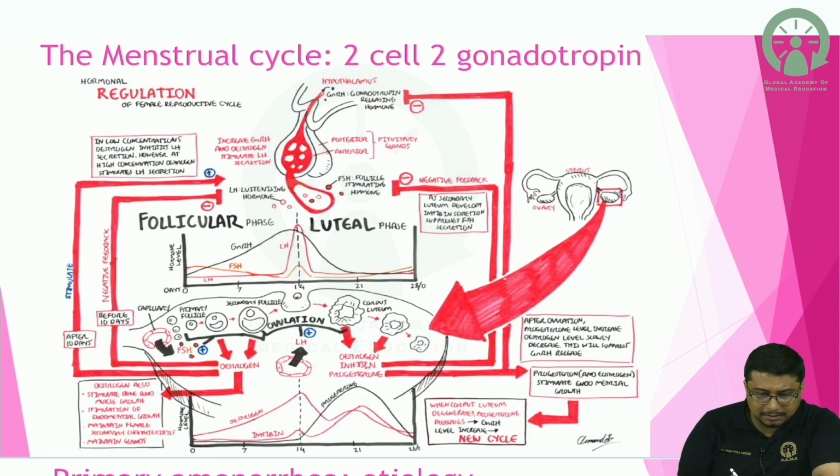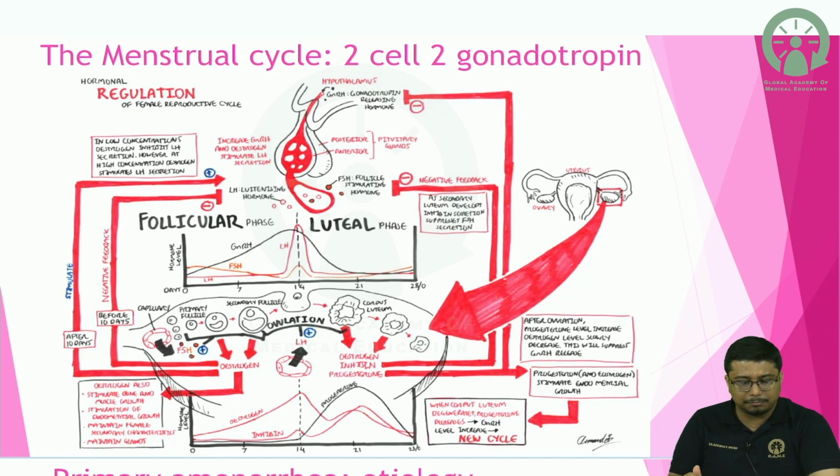Just understand one thing, that in the initial few days of the menstrual phase, when the follicles are developing, the estrogen is low, and when estrogen is low, it inhibits luteinizing hormone in the pituitary. But once the Graafian follicle, the dominant follicle, is selected, it produces a high dose of estrogen, and a high dose of estrogen has a positive feedback instead of a negative feedback on the pituitary, and then there is a sudden surge of luteinizing hormone that leads to ovulation.